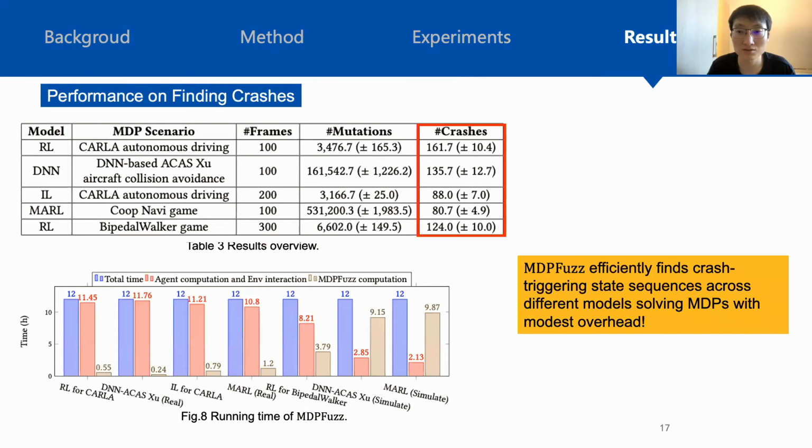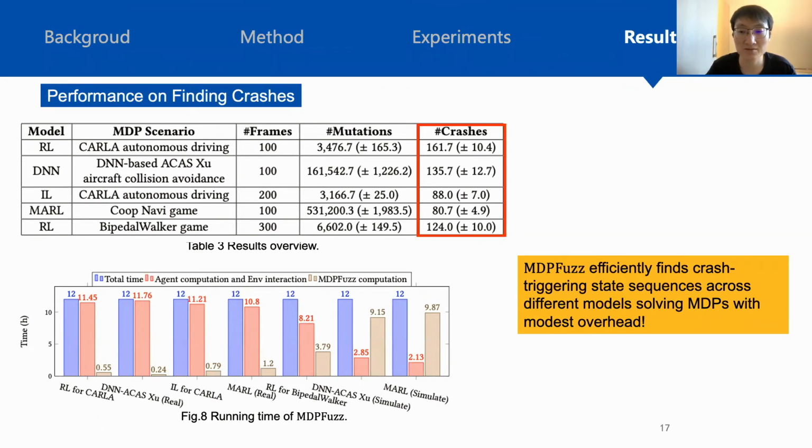We first show the performance of MDPFuzz on finding crashes on different models and MDP scenarios. The sequence lengths, which are the numbers of frames in the table, are different for different scenarios, and users can utilize a larger number of frames to stress the model. During the 12-hour fuzzing, we are able to uncover 80 to 160 diverse cross-triggering state sequences.